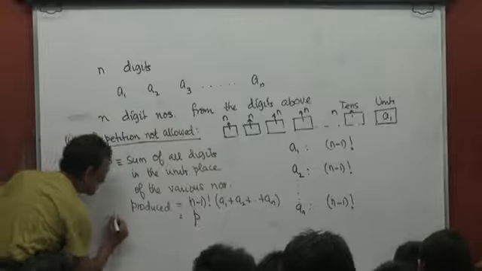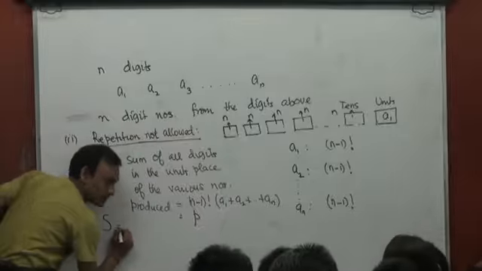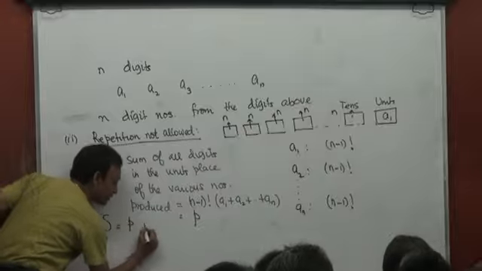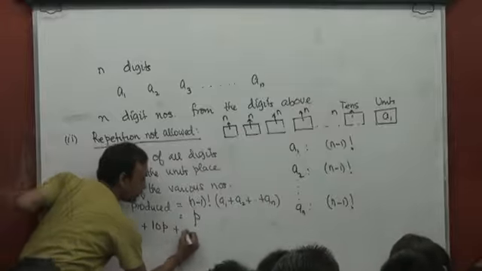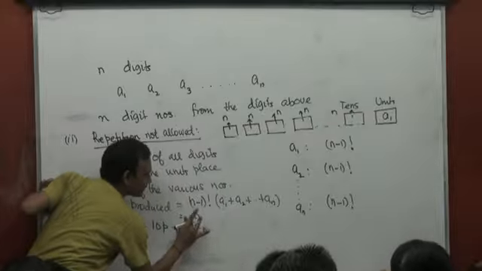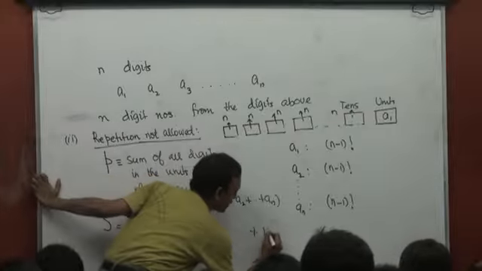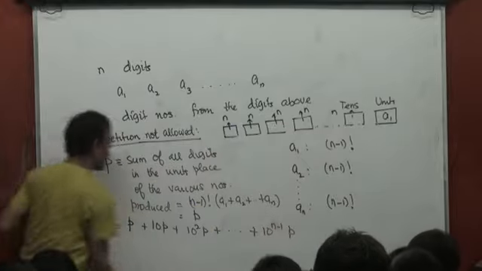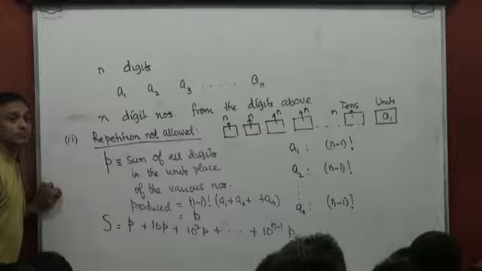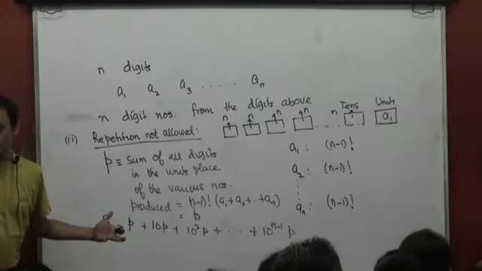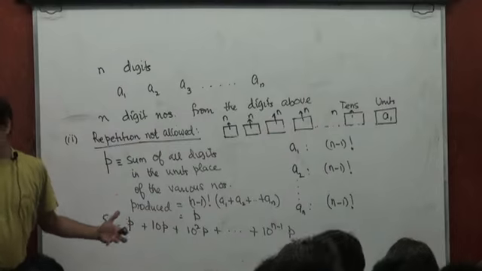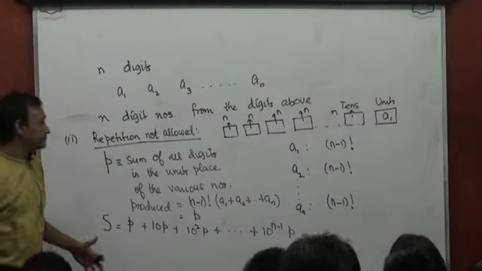So the required sum is going to be P plus 10P plus 10 squared P plus 10 to the power n minus 1 P. That's going to be the sum of all the numbers produced with repetition not allowed. Clear?